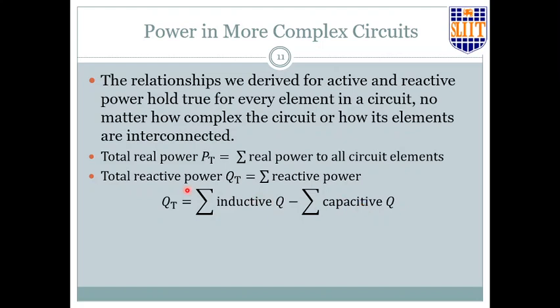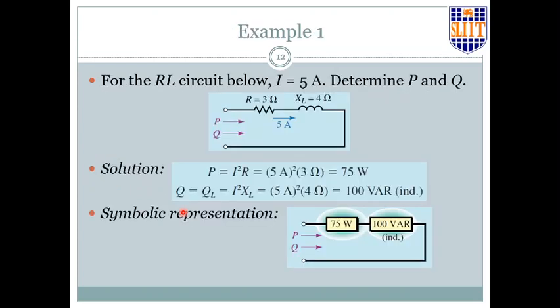We can say total of inductive minus total of capacitive, or simply you treat inductive reactive powers as positive and capacitive reactive powers as negative, and just add them together, right? You get the total reactive power. So this is how you find the total power. Again, when you find the total power, we have to treat the active power separate and reactive power separate.